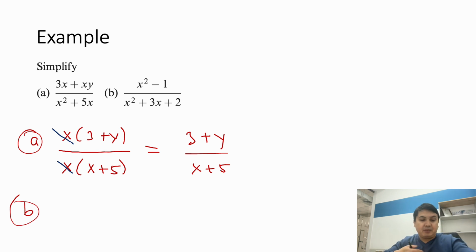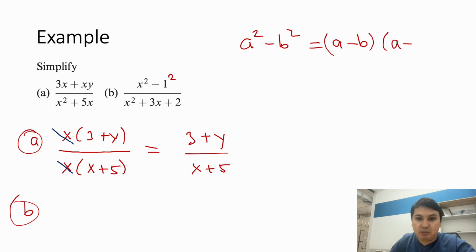Okay, B. What is x squared minus 1? You may remember the difference of squares formula: a squared minus b squared is a minus b times a plus b, so we can use it. Here x squared minus 1 squared is x minus 1 times x plus 1.